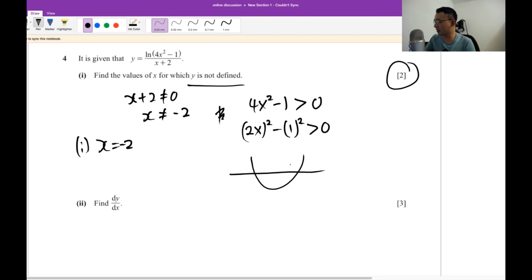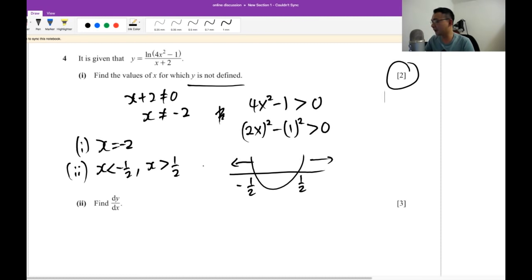So this one basically you will get 1 over 2 and negative 1 over 2 here, bigger going in two directions. So your second answer should be x must be less than negative 1 over 2, or x must be bigger than 1 over 2.